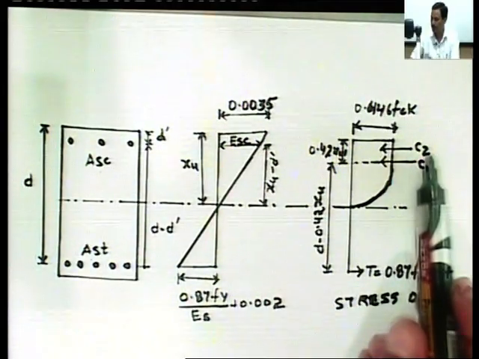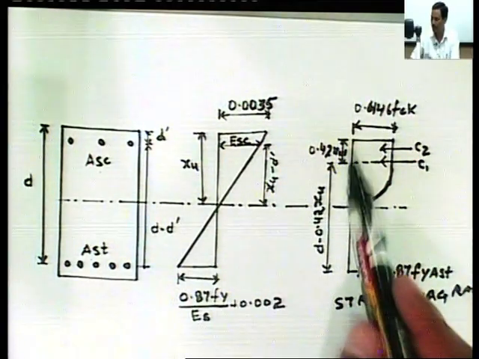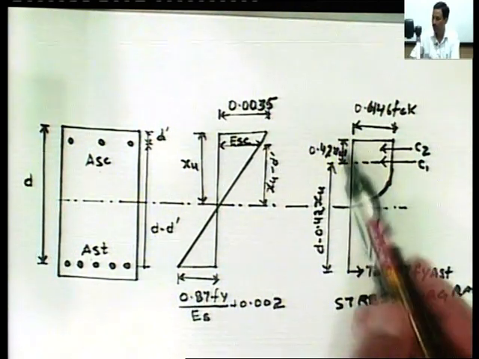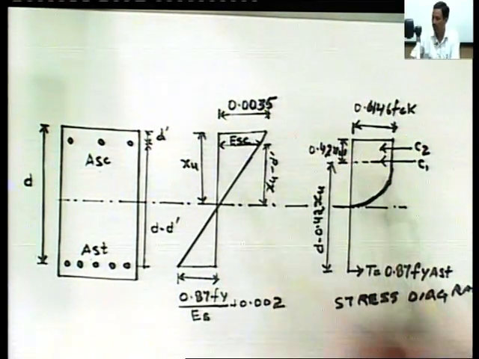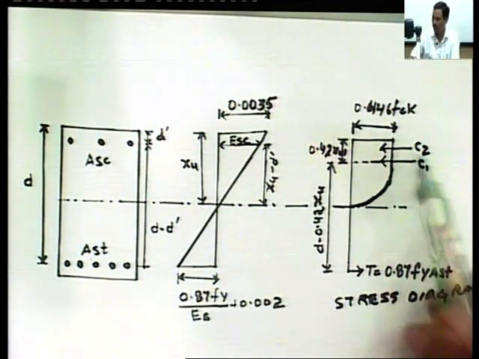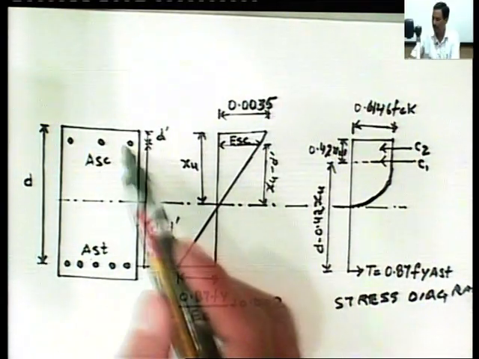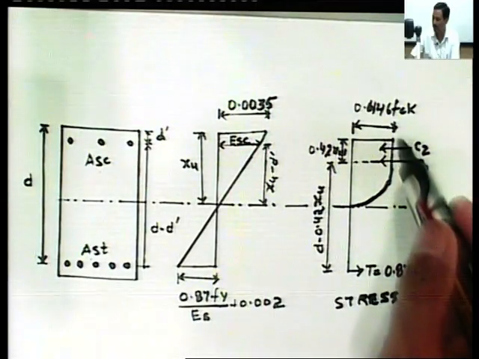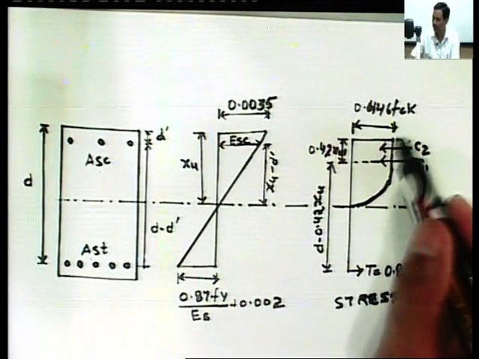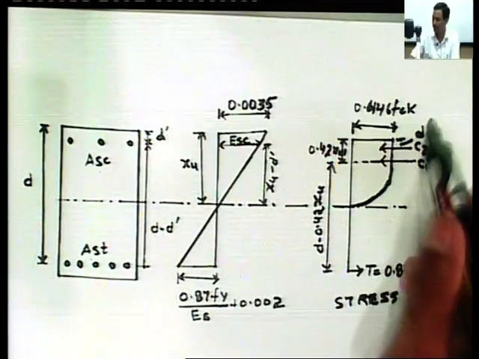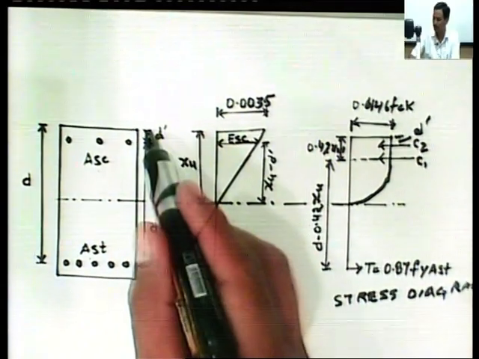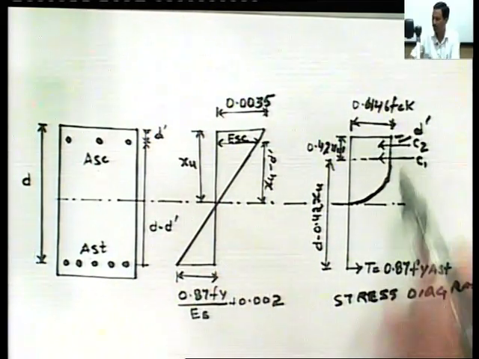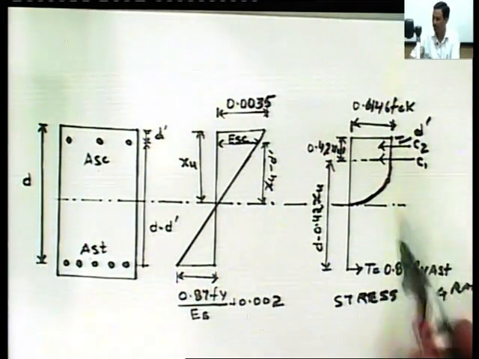C1 acts at a distance of 0.42 xu from the top edge of the beam. C2 acts at the center of compression reinforcement, so it acts at distance d dash from the top edge of the beam.